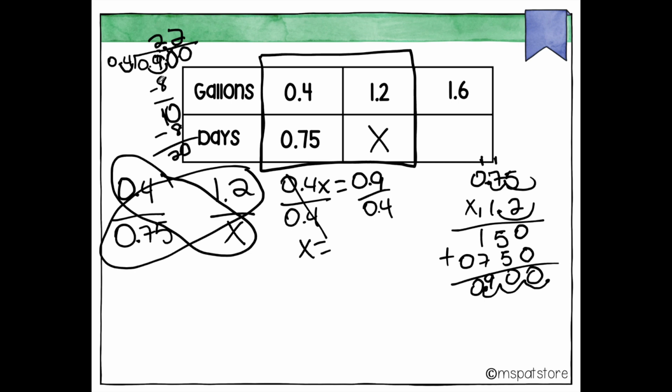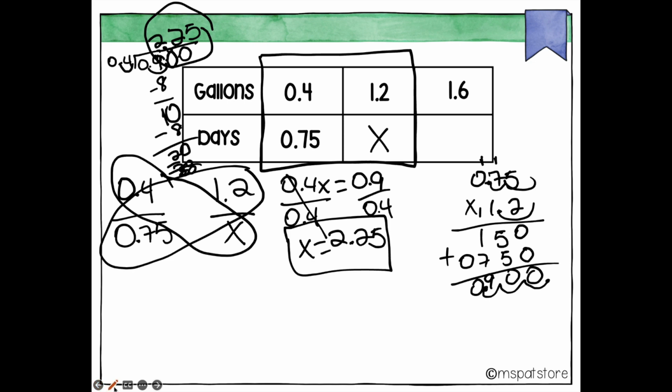So I have a 20, because 4 times 5 is 20. So now I know that X is equals to 2.25, okay? 2.25. So I have my first value already done. So I'm going to erase this X that I have here, and I'm going to put my new value, 2.25.